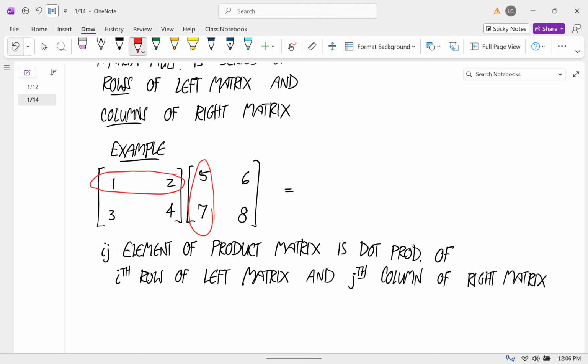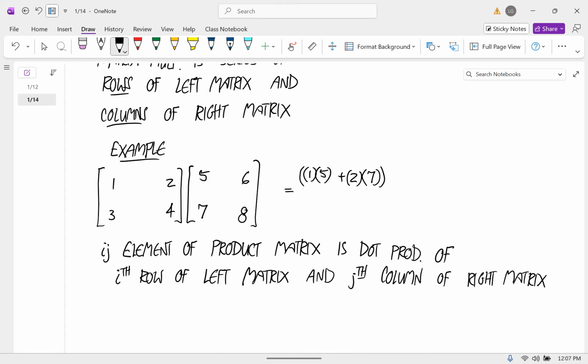So that is going to be 1 times 5 plus 2 times 7. And that's the 1, 1 element. Now we'll do the 1, 2 element of the product matrix.